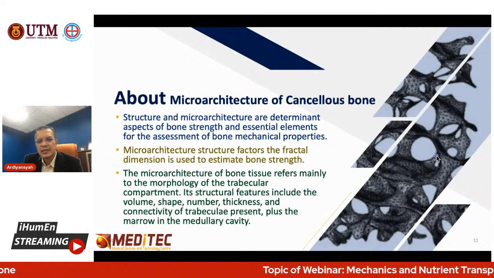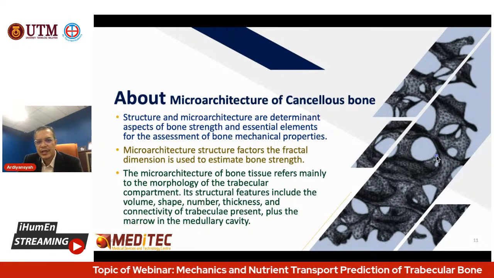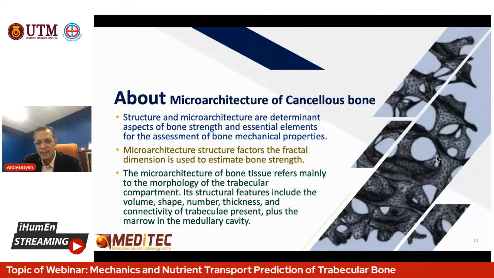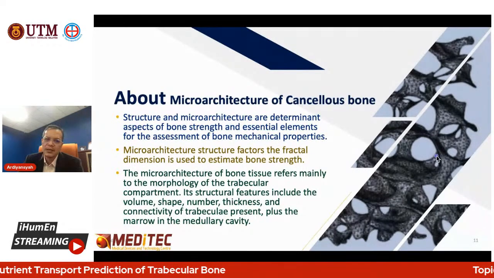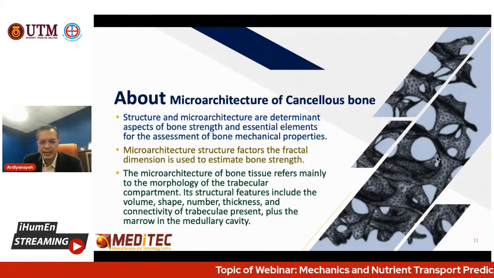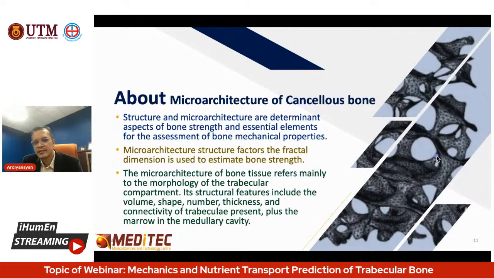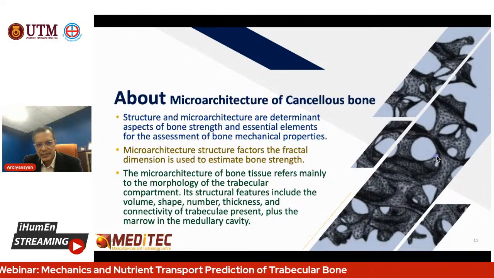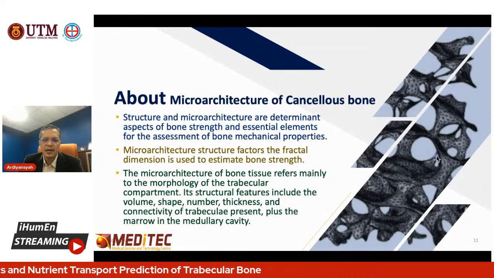Okay, a microarchitecture factor is fractal dimension. It is used to estimate bone strength. With the microarchitecture, we can determine the values of bone strength. With any joint or anatomy site, there are different properties, depending on the microarchitecture itself.